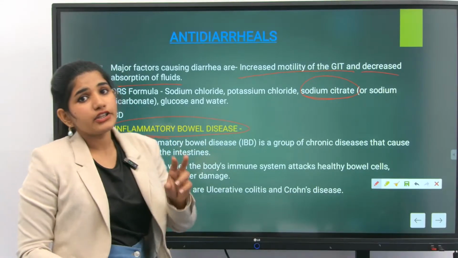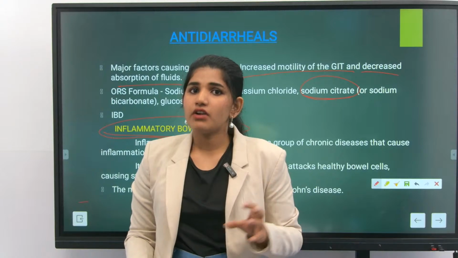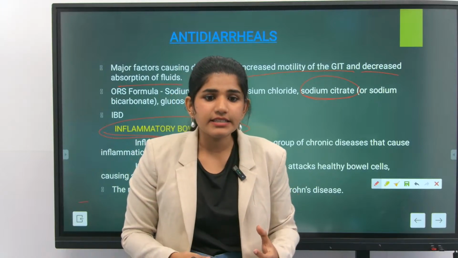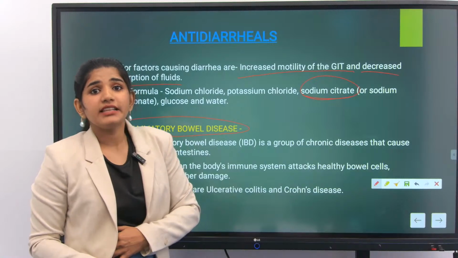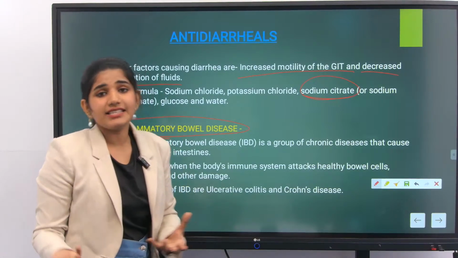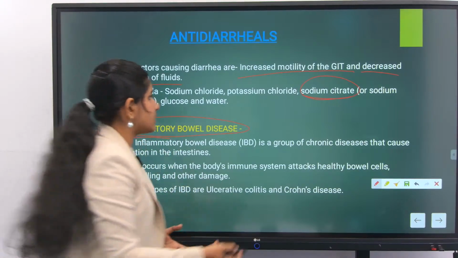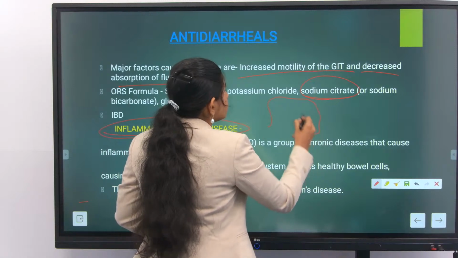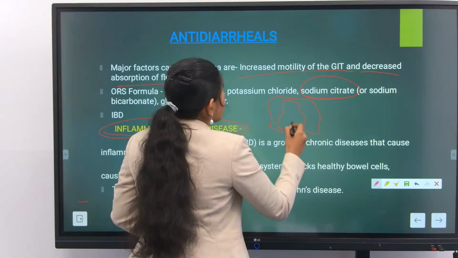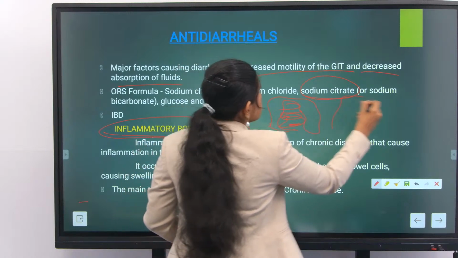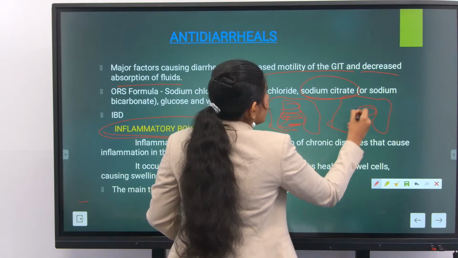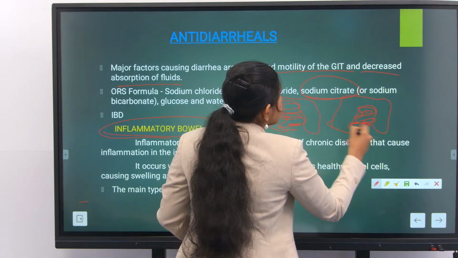We can see there are two types of inflammatory bowel disease: ulcerative colitis and Crohn's disease. So what is ulcerative colitis and what is Crohn's disease? We can understand the difference between both.